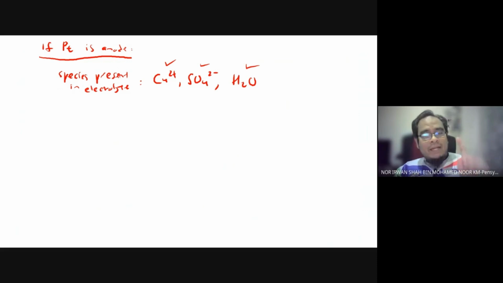Okay, sekarang ni kita guna platinum sebagai anode. Dan you all pun dah tahu, platinum dia adalah what we call as inert electrode. Apa itu inert electrode? Inert electrode adalah electrode yang tidak take part dalam reaction ataupun dalam half reaction.